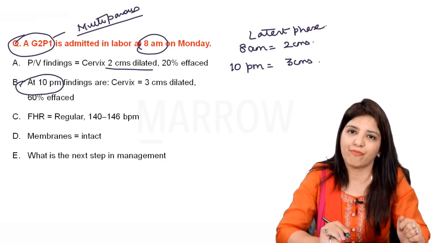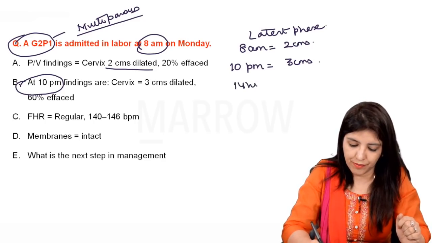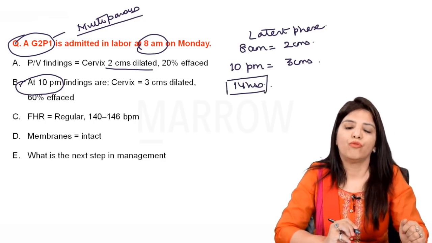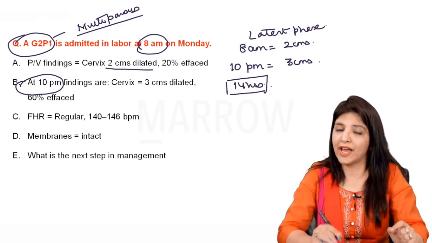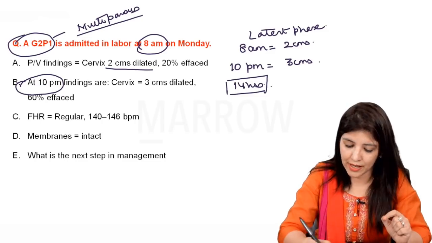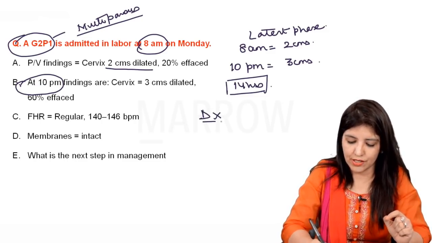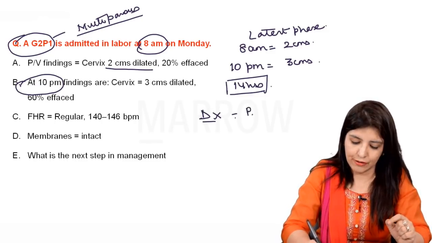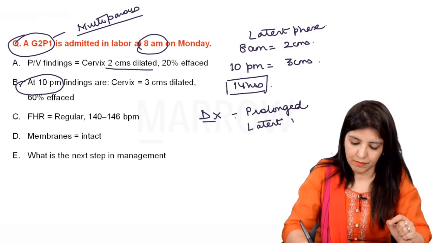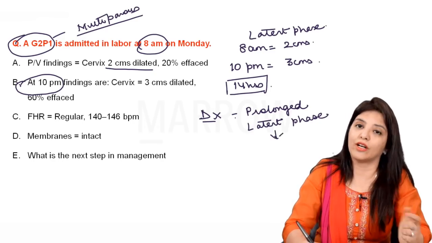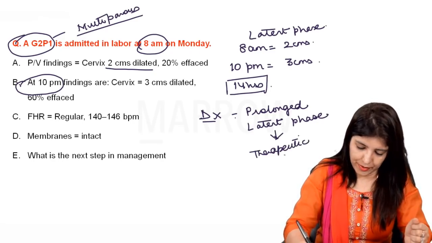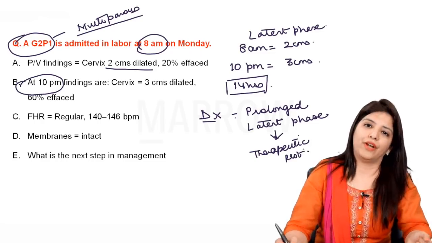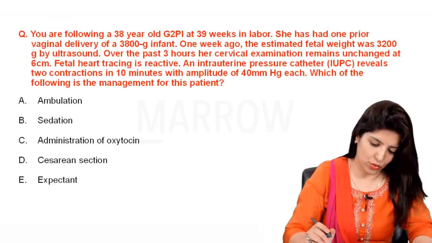Now, how many hours have passed? 14 hours. 14 hours have passed and still the patient is in latent phase and she is a multiparous female. That means your diagnosis is prolonged latent phase. And how do you manage prolonged latent phase? Therapeutic rest. So what is the next step? Therapeutic rest. Right?